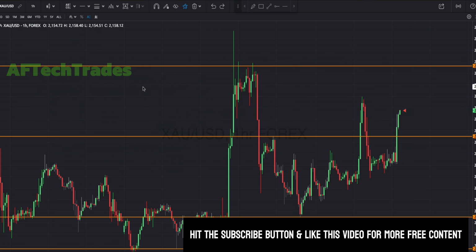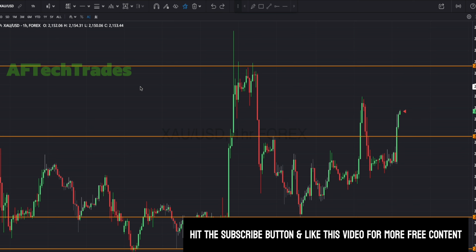But if you are a day trader, you should mark your zones down to as low as, if you want, 30 minutes or 1 hour, and you can take your entries from either 15 minutes or 5 minutes.